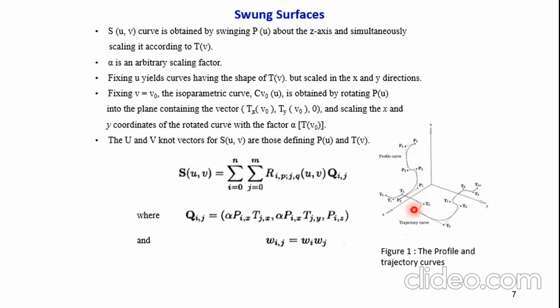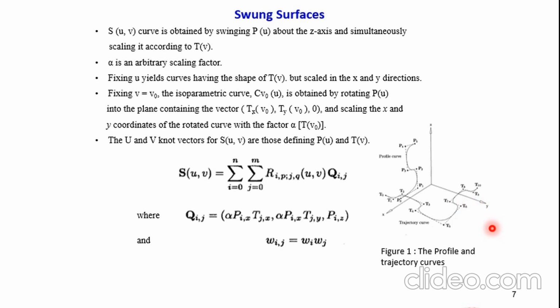We need to rotate them along the z-axis, but that should happen along the path of the trajectory curve. So if we scale the x and y coordinates of the P points, we rotate it along the z-axis and scale it in such a way that it can travel along the path of the trajectory curve.